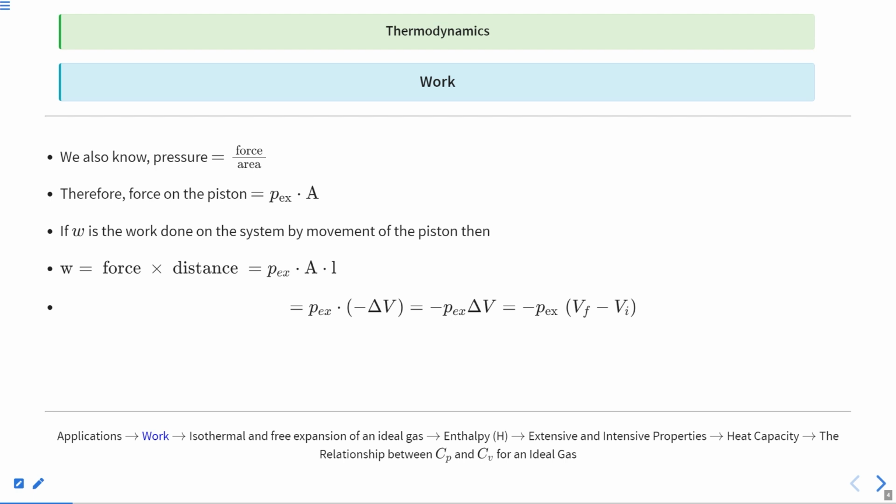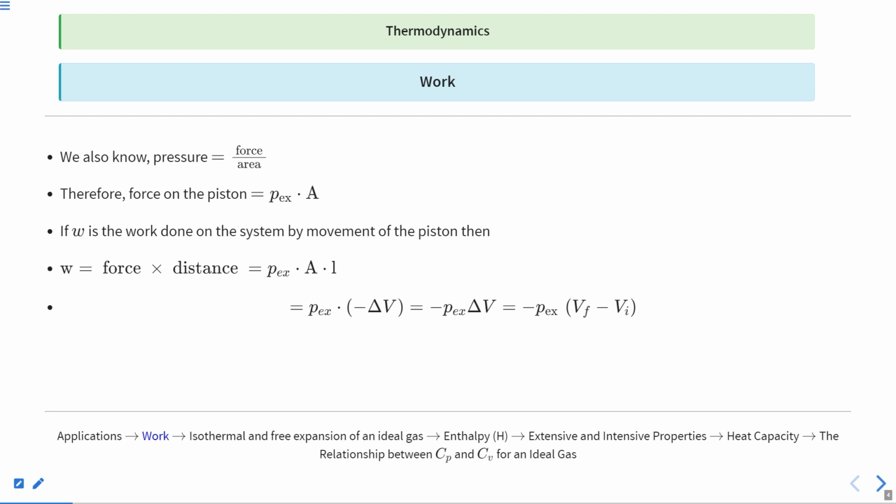But since we are doing work on the system, so as to maintain the IUPAC convention, whenever we do work on the system, the work done will always be positive. So this should always be in your mind. It is just opposite to the concept taught in physics. In physics we take the opposite. Here we say that if the work is done on the system, then the work should be positive.